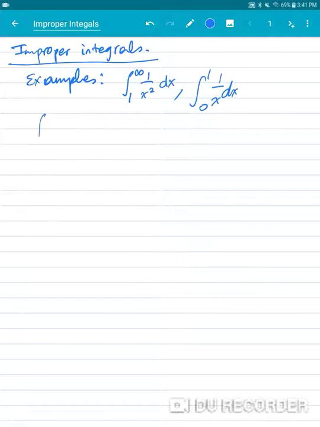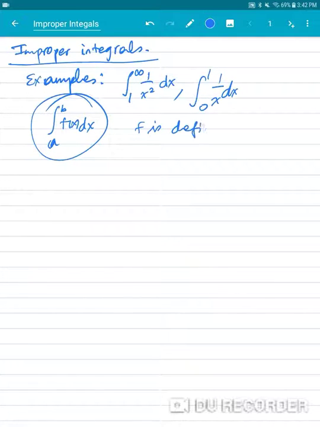When we're trying to find areas or other applications like volumes, we calculate integrals. So we calculate an integral from a to b of f of x dx. In this case, we assume that the function f is defined on the interval from a to b, all the way from a to b, and that a and b are finite numbers.